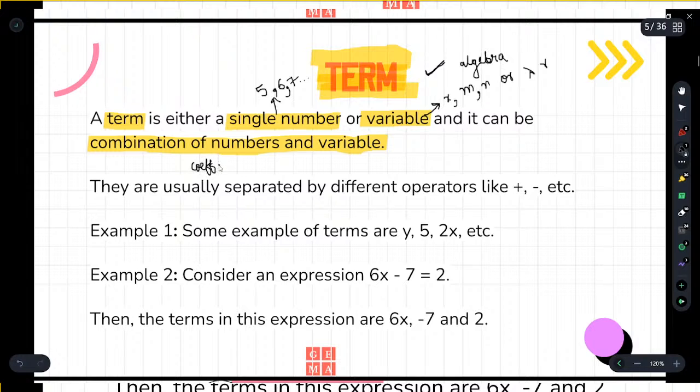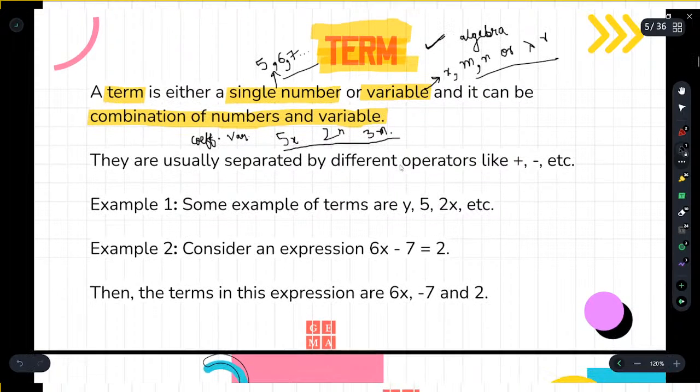Okay, so what can it be? 5x, 2n, 3m, it can be anything. So these all consist of terms. So what's next? They are usually separated by different operators. So the terms are actually separated by operators.